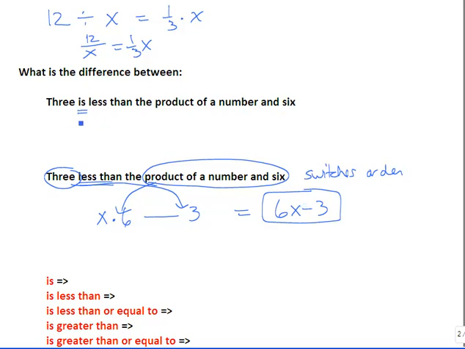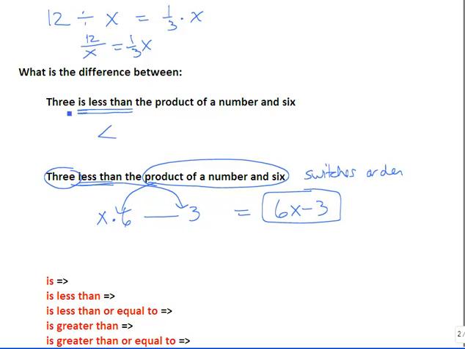In the first example, in the first sentence up above, when we throw in that little tiny word "is," it totally changes the problem, because instead of having an expression for an answer, which we got down here with 6x minus 3, "is less than" is actually an inequality. So "is less than" is the less than symbol.